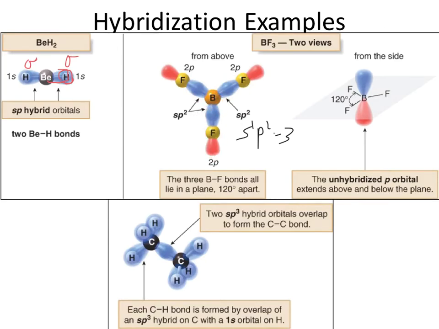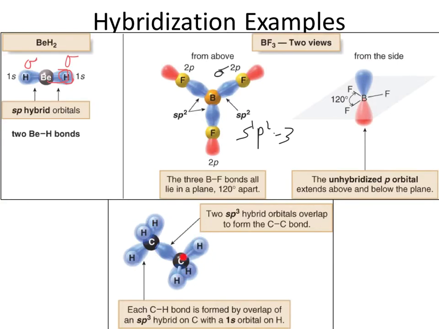And you can see fluorine has a head-on bond over here, in this area, and over here, they're going to be sharing electrons, and these are all going to be examples of sigma bonds. You can see from the side as well, remember that boron had that vacant p orbital, and that vacant p orbital actually goes above and below the actual trigonal planar geometry of this BF3.